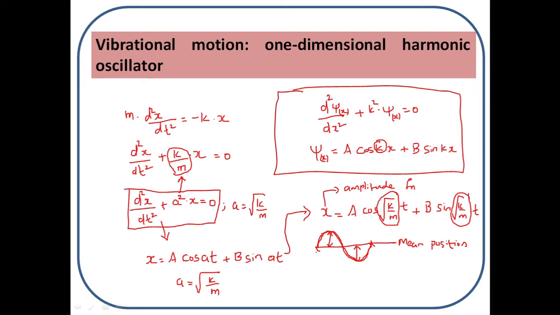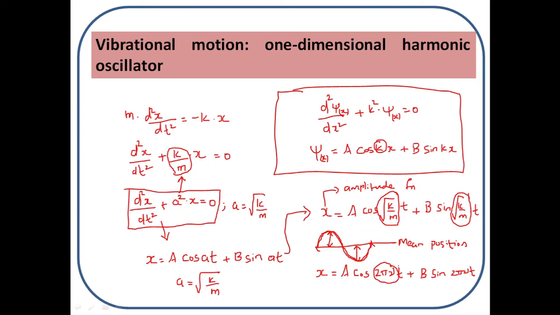And the displacement in that case may be given by either the sine wave equation or the cosine wave equation or the combination of the two, whatever it is. It always takes the form, say, a cos 2 pi nu t plus b sin 2 pi nu t.